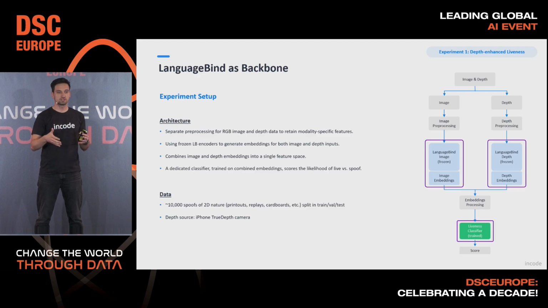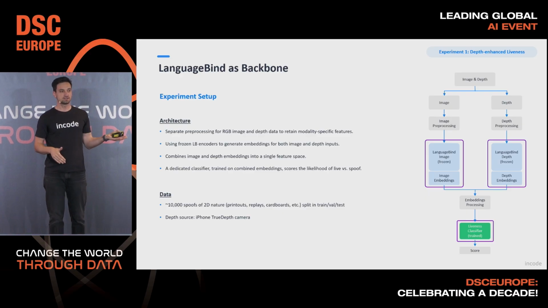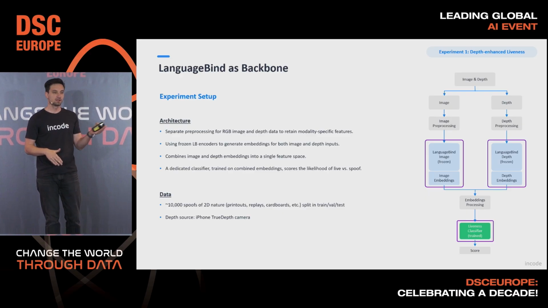Then we process them, for example, we concatenate them. We don't change anything, we just use the existing layers and weights, and we don't retrain anything. We just train a classifier that takes these input embeddings and answers the question: is it a spoof attack or a real person?